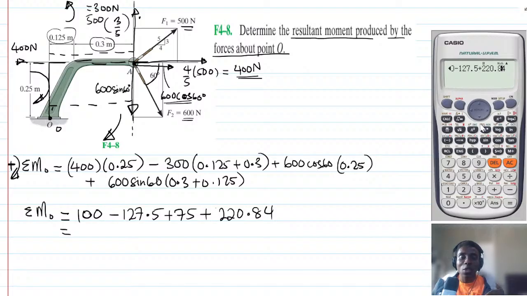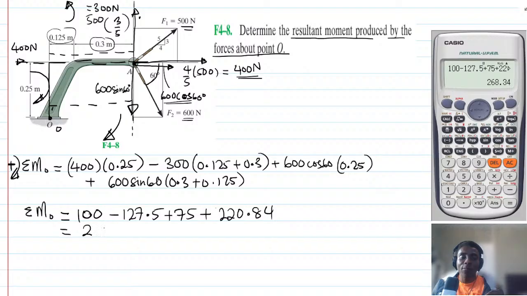Okay, so this one, I leave it to you guys. So 100 minus 127.5 plus 75 plus 220.84 is 268.34.